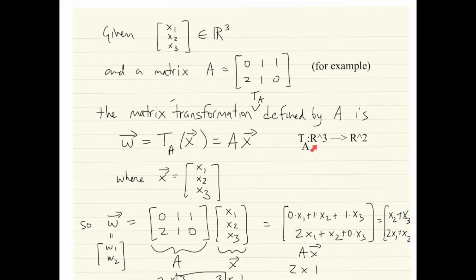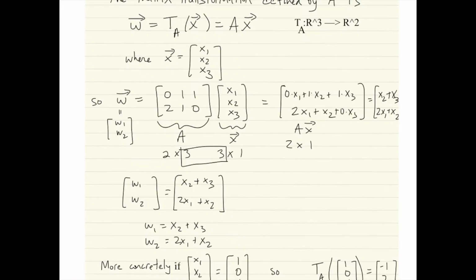That takes as input elements of R3 and gives back elements of R2 by matrix multiplication. And our book is using W to denote the output. Now we have a 2 by 3 matrix here, and a 3 by 1 matrix is our column vector here as our input. When we multiply them, first of all, we are allowed to multiply them because the numbers here match up, 3 and 3.